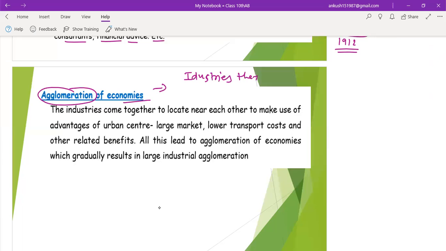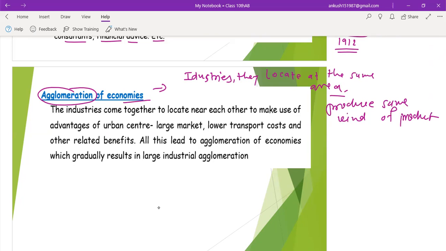Industries locate in the same area, and most of the companies produce the same kind of product, or a product needed by another industry nearby. That is called agglomeration.